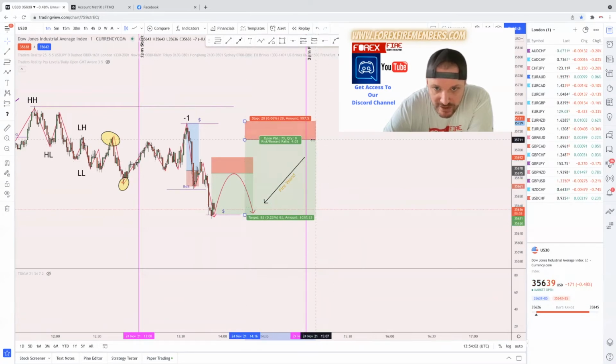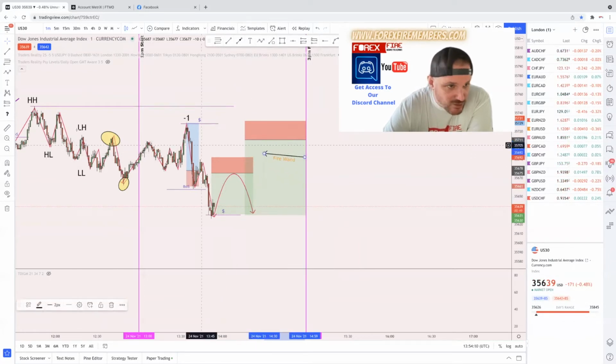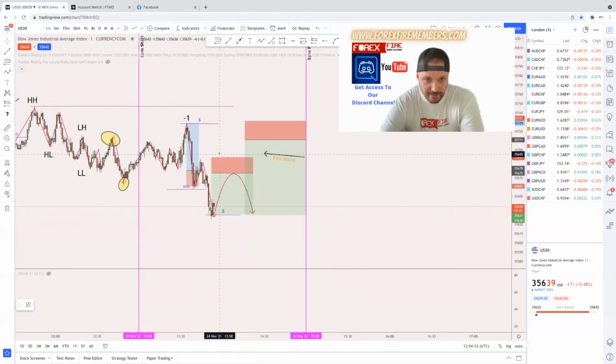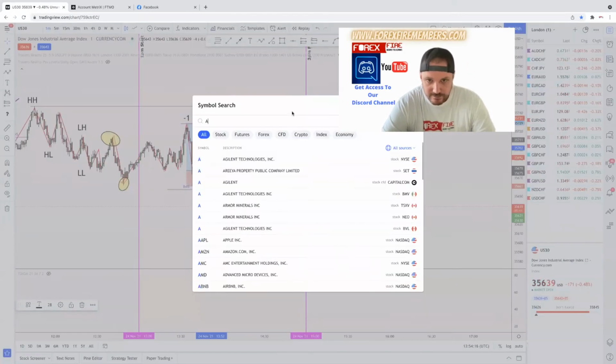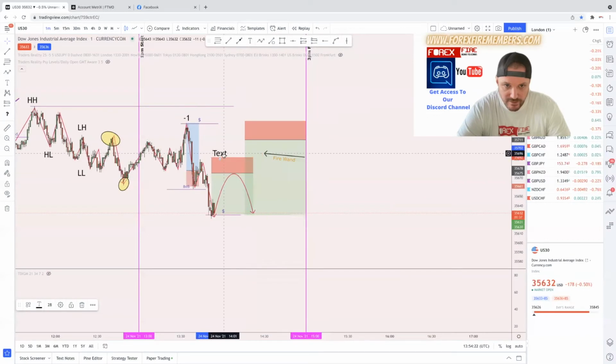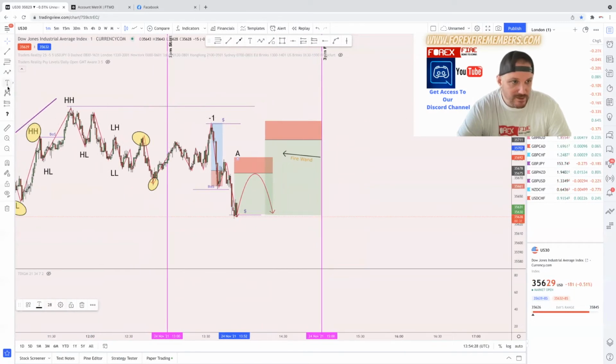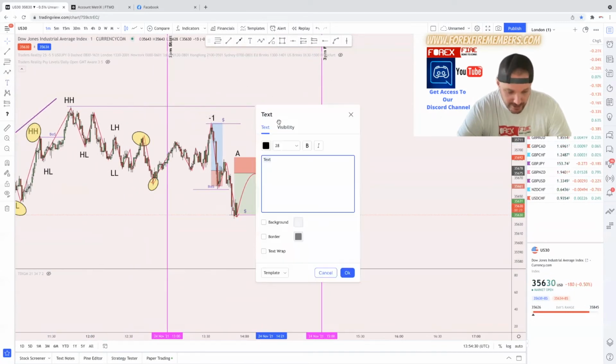So what I'm getting at is, if price comes up and pushes out of here, I'll be looking for a second entry here. So we're either going to get to either here, or it's going to be B.